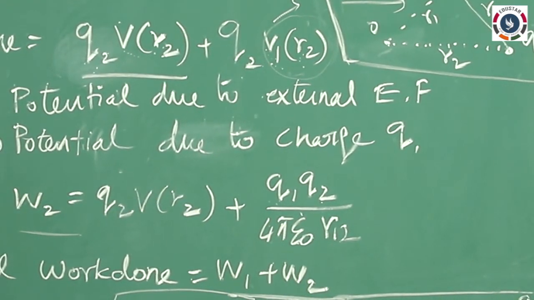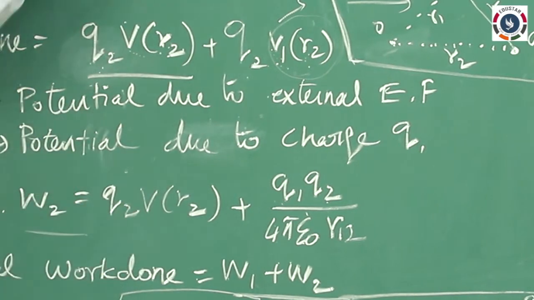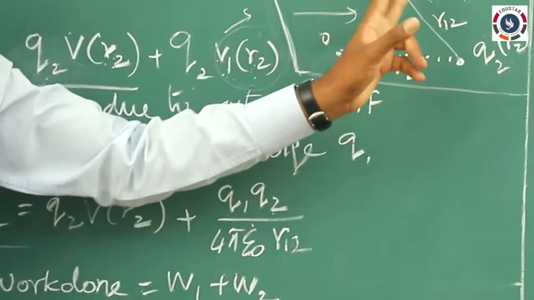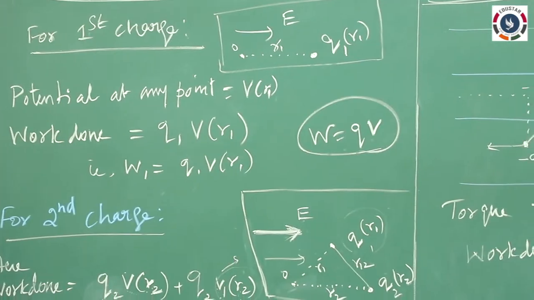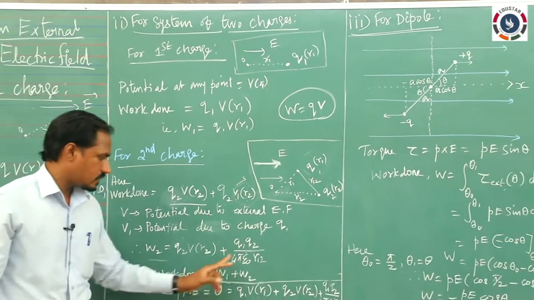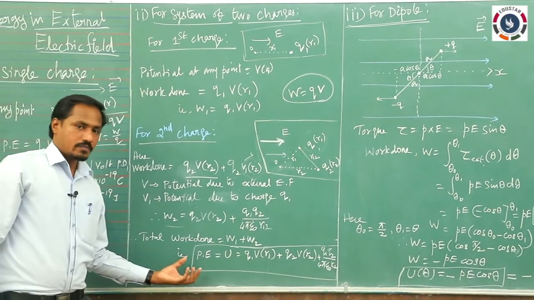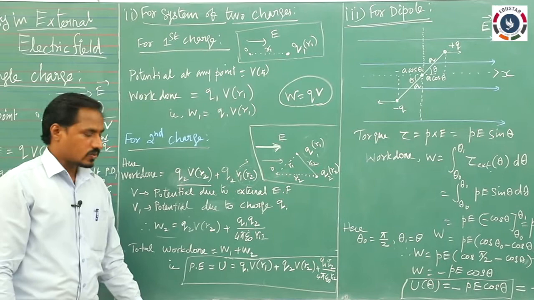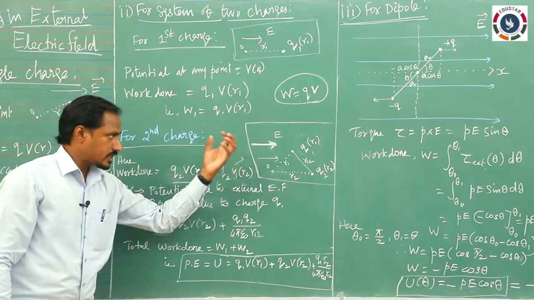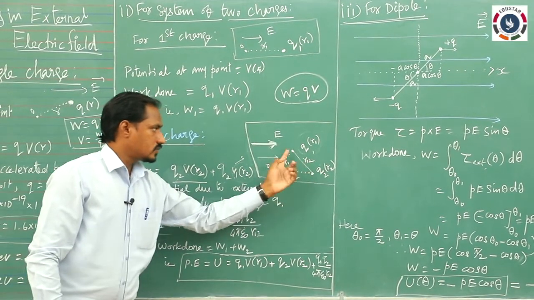After getting the second charge, the total work done of the system of two charges is the combination of W1 and W2. Adding both cases, we obtain this formula. This is the total work done in bringing two charges against the electric field. It is called the potential energy of the system of two charges.